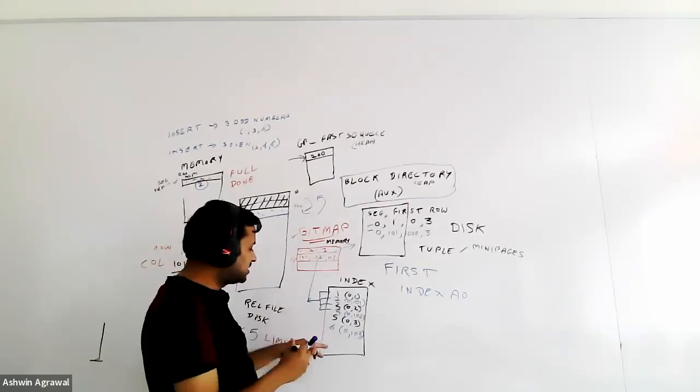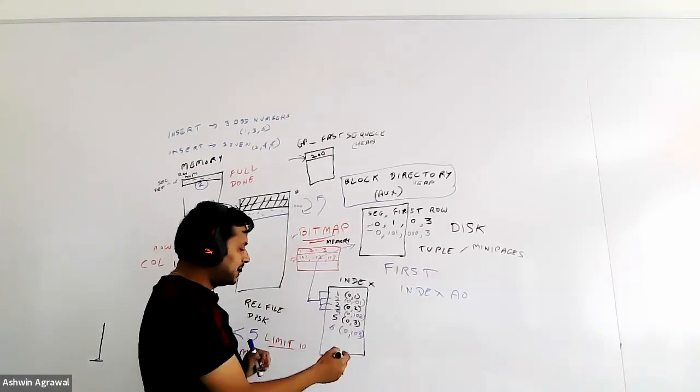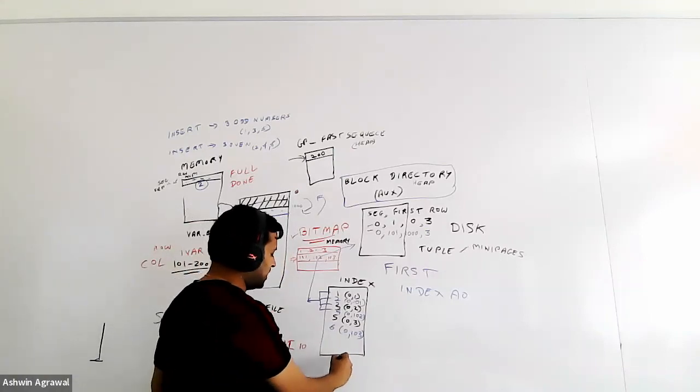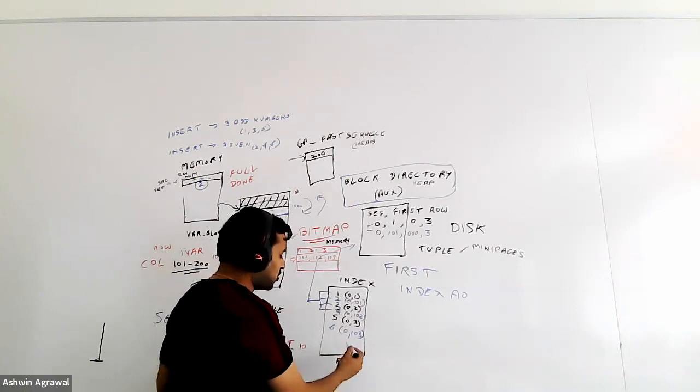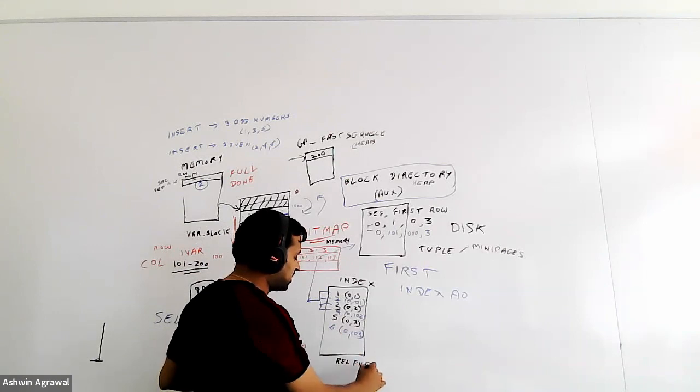Okay. Where does the index stay in the picture? It has its own file. If you create a b-tree index, the b-tree index effectively gets its own rel file, as you will see in pg_class, but it's effectively a file on disk.